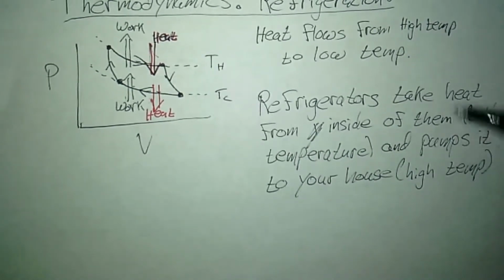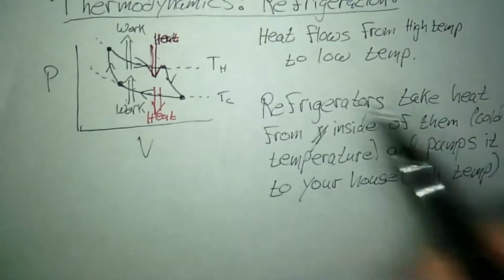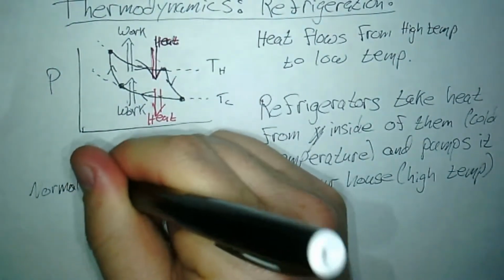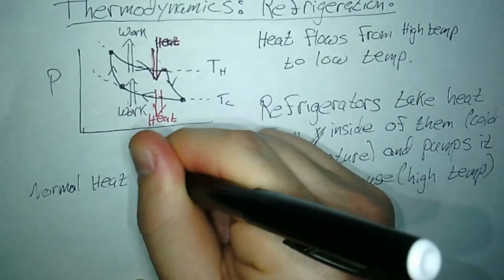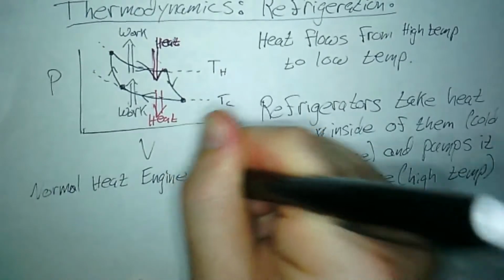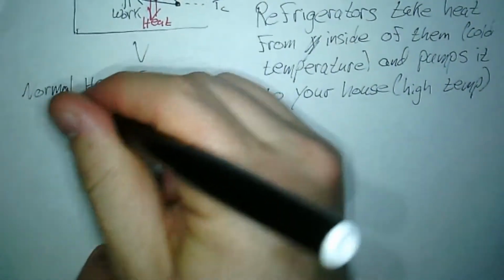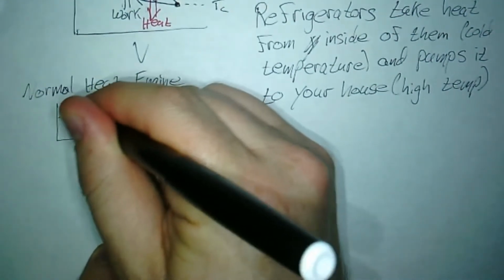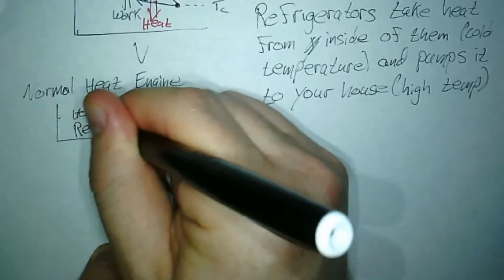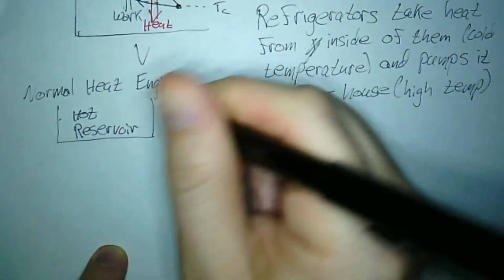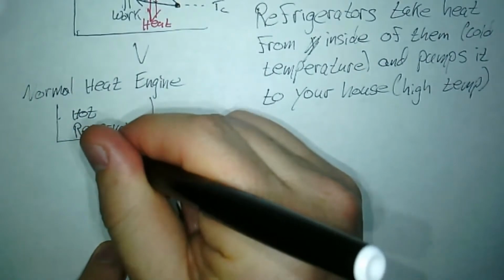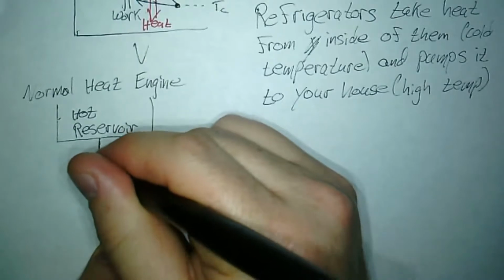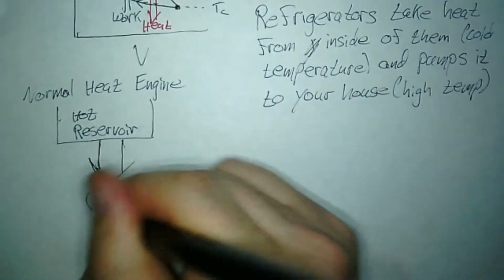It usually runs off of a heat difference. So normally an engine, let's write this down, you get some hot reservoir, something that's warmer, right? And you have energy flowing from this hot reservoir into your engine.